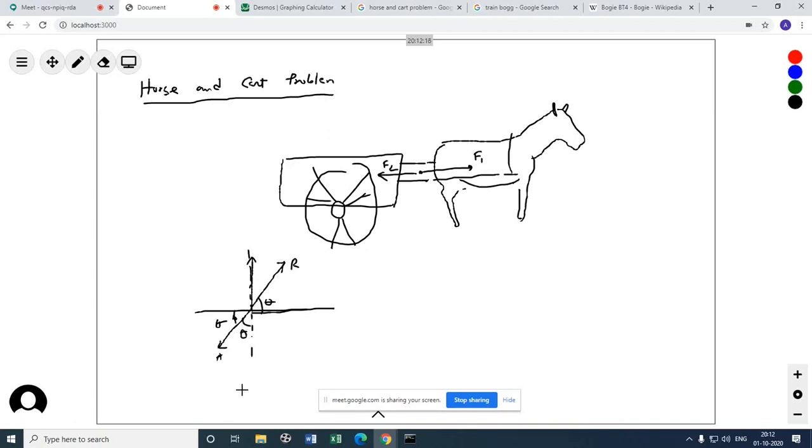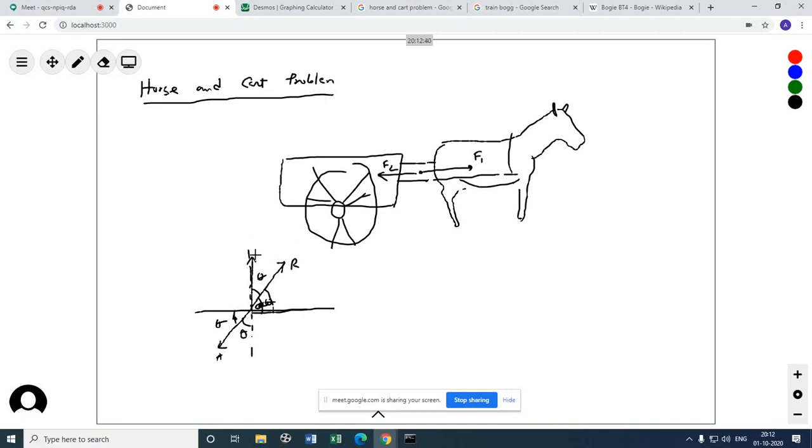This is theta, right? Because we always take it from the normal. So it depends on which way you take. Generally we take it from the normal. In many books you will see that they take theta from the ground only. But actually the convention is to draw the normal and take it from there.